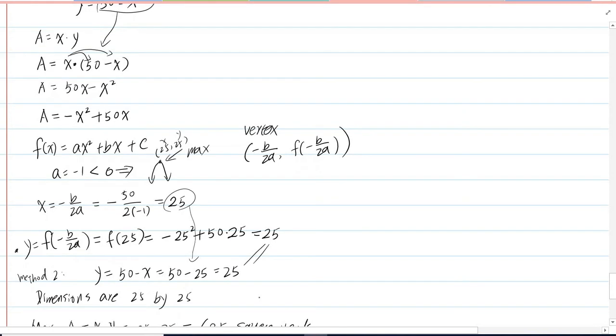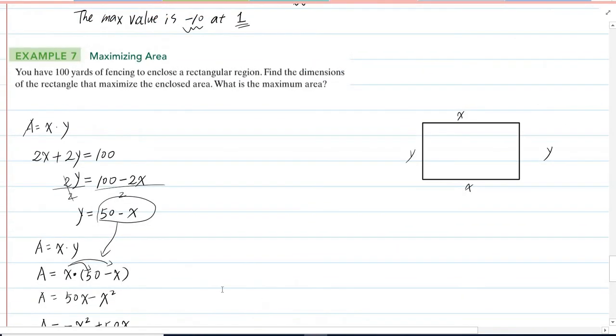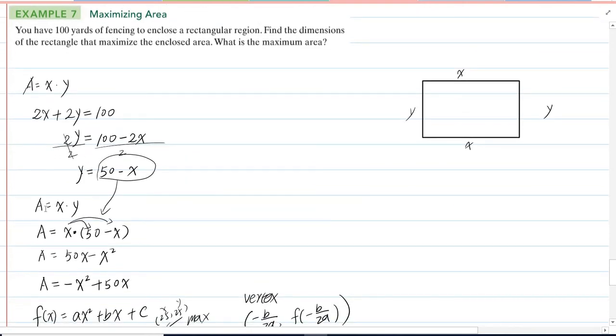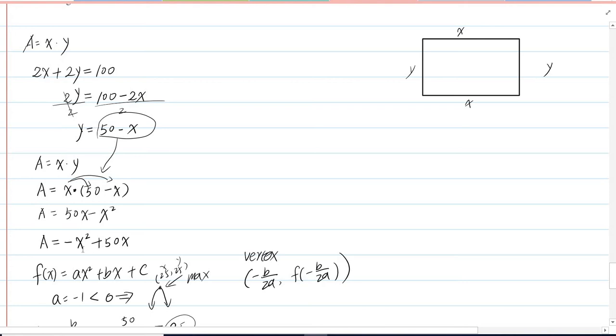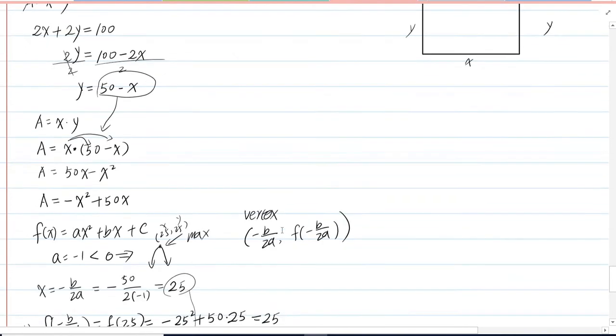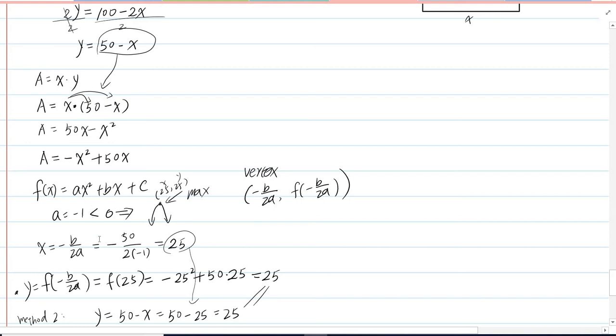Again, it's not that bad. If you think about it, you just set up your equation, all right? You use your 2x plus 2y, and then you rewrite y by using x. Once you have this, you use the area formula, and then you do a distribution, and then you rewrite this in the form of descending order, and then you find your a is always going to be negative.